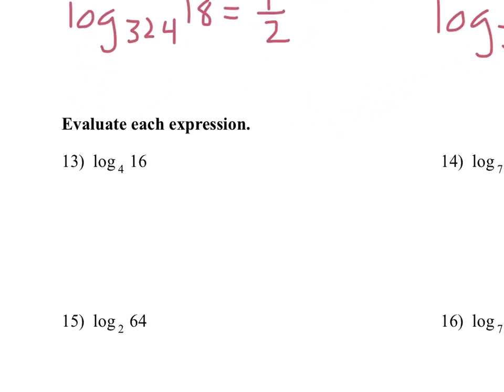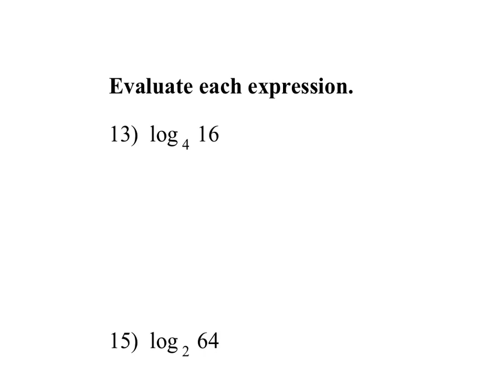All right, number 13. We need to evaluate each expression. So it helps when we write this in exponential form. So we can say 4 raised to the x is equal to 16. And we know that 4 squared is equal to 16. So x is going to be equal to 2.